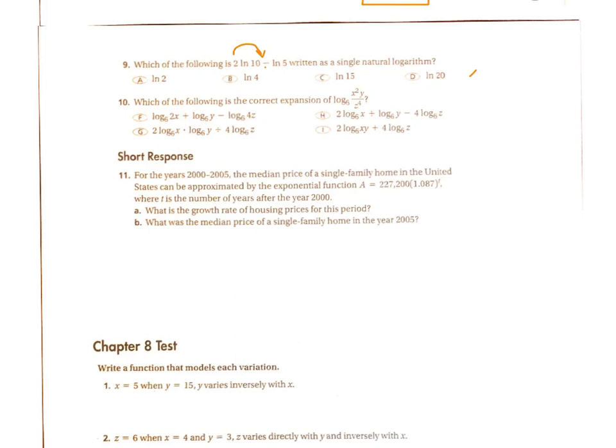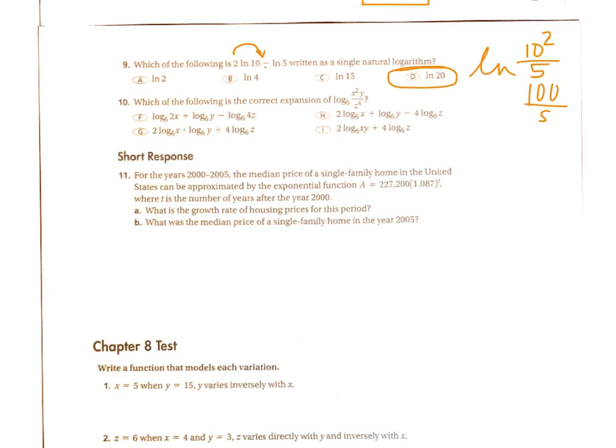So we're taking the natural log of 10 squared divided by 5. Okay, when you do that, that's 100 divided by 5, and 100 divided by 5 is 20. So you really have the natural log of 20, letter D. Okay.